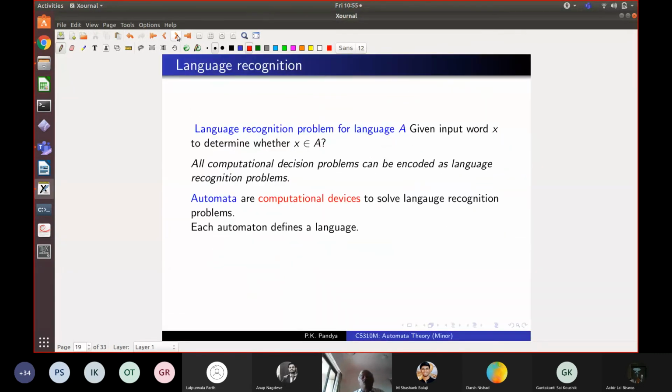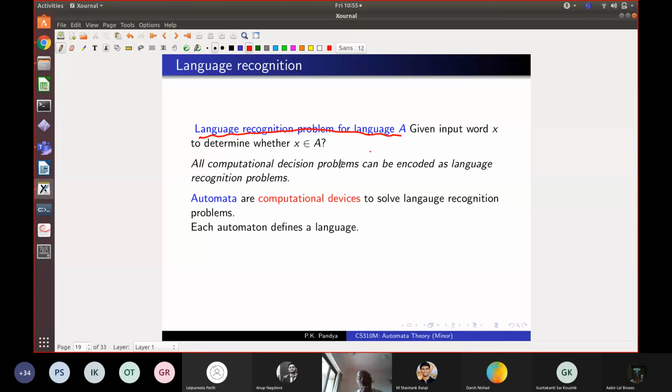Given a string, which is an arbitrary string over 0, 1, we want to recognize if it belongs to this language or not, whether it's a member of this language. So the language is given mathematically as we saw today, but now we want a computational algorithm to determine whether a string belongs to the language or not. And this is called the language recognition problem, right? For which we will build a computer.